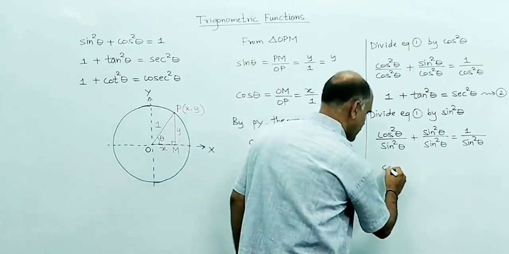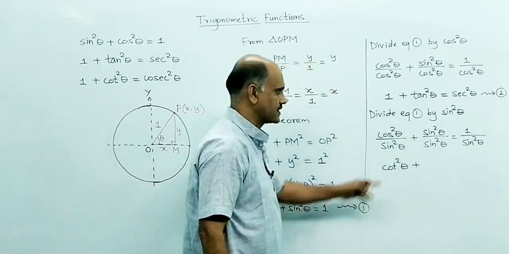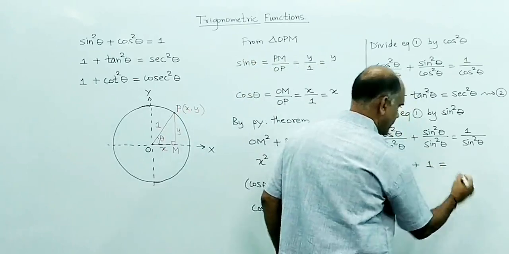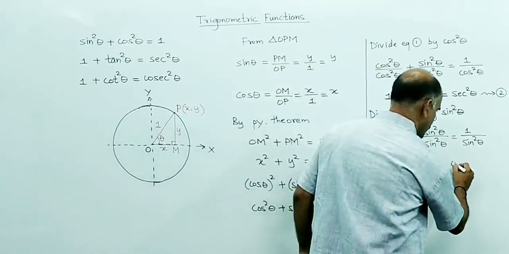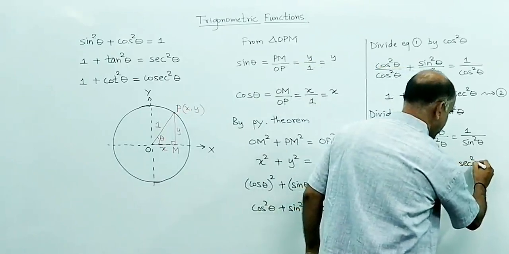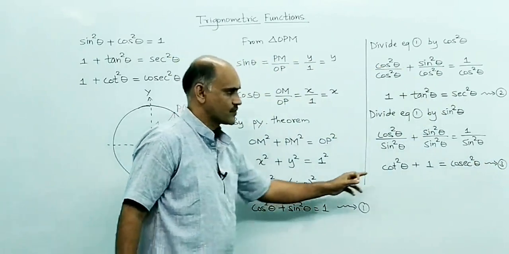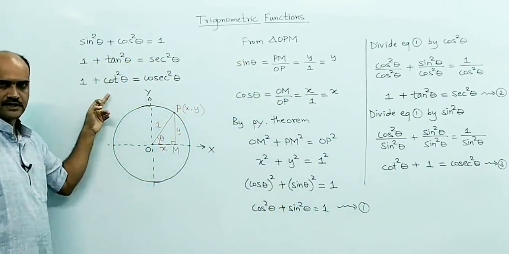So this will be cot square theta plus sin square theta gets cancelled. You will have 1. If you take this sin square to numerator, you will have cosec square theta. This is equation 3. So 1 plus cot square theta is equal to cosec square theta. This is our third equation.